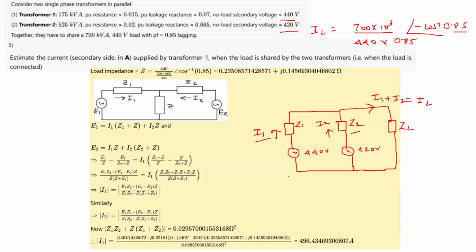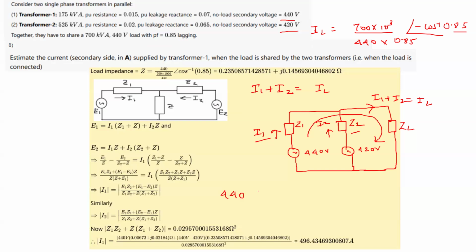What will be those two equations? One equation is simply I1 plus I2 is this value, I load, and the other equation is any of the KVL equations.